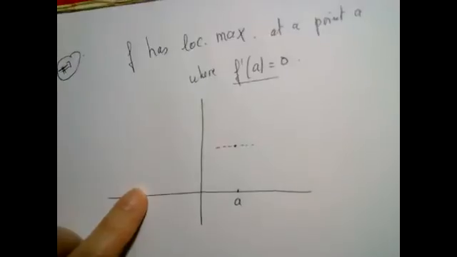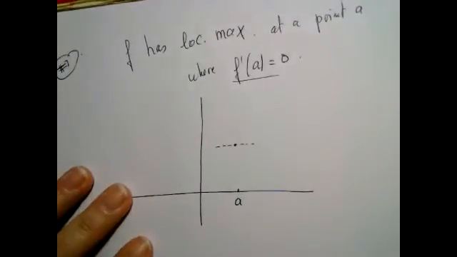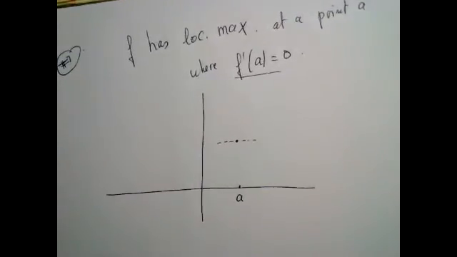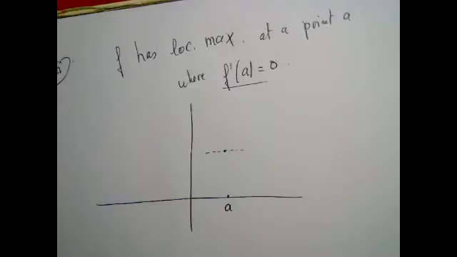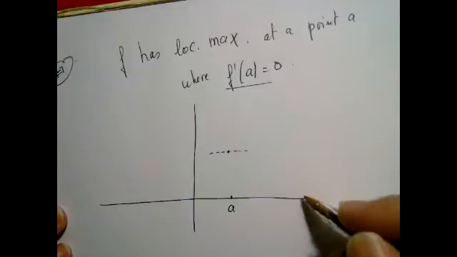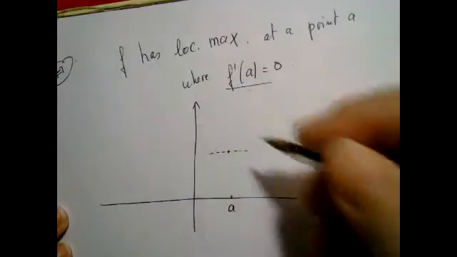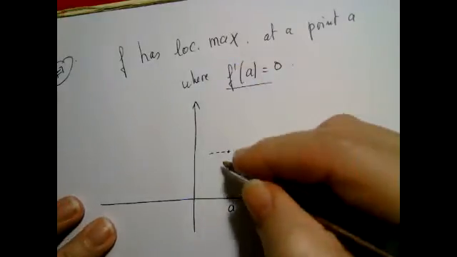And I want to make this into a local maximum. How can I play a little bit with the graph to make this a local max, not an absolute one? Any idea? You can unmute and tell me what to graph. So I want a local max.